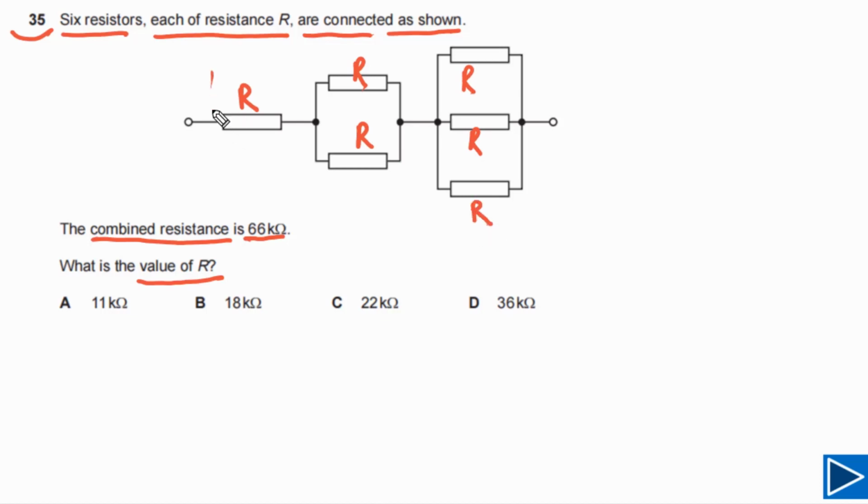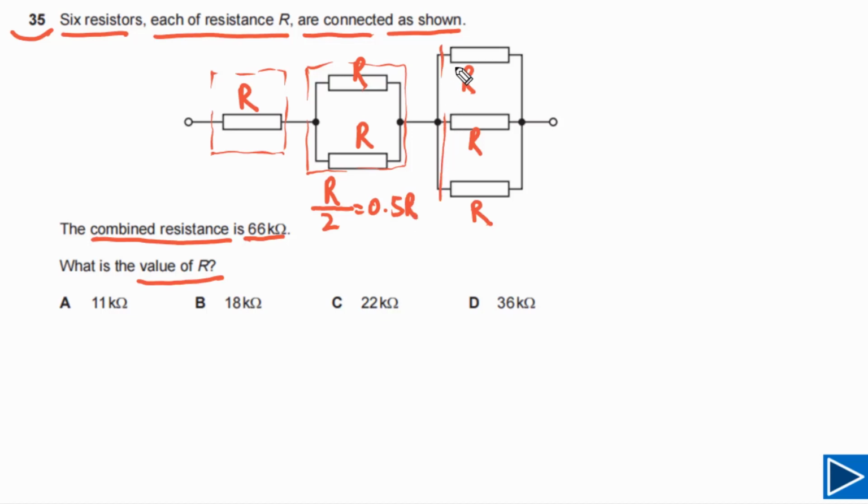Now if you look at the first resistor, it has resistance R. If you look at the combined resistance of these two resistors, they are connected in parallel and they have the same resistance. So the total resistance of these two resistors will be equal to the resistance of one resistor divided by the number of resistors. Now simply we can say this will be equal to 0.5R.